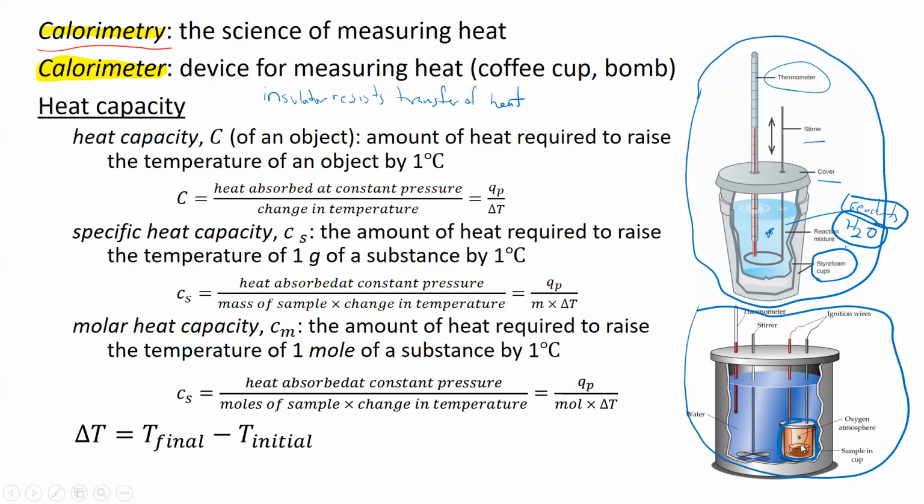And the big difference between bomb calorimetry and coffee cup calorimetry is that bomb calorimetry is constant volume, whereas coffee cup calorimetry, something that's more useful for us in general chemistry, is constant pressure.